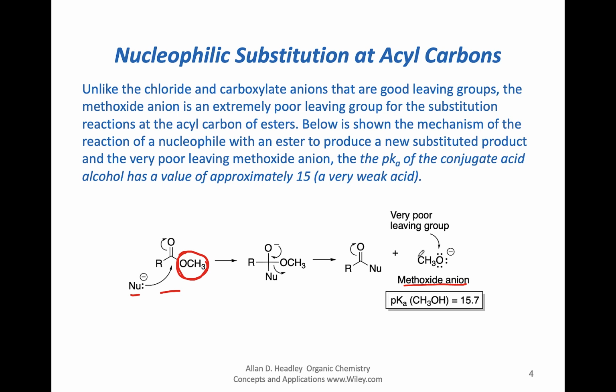As you can see here, the methoxide anion, its conjugate acid is of course the alcohol. The pKa of alcohols, especially methanol here, is 15.7. As you can see from that number, that is a weak acid.